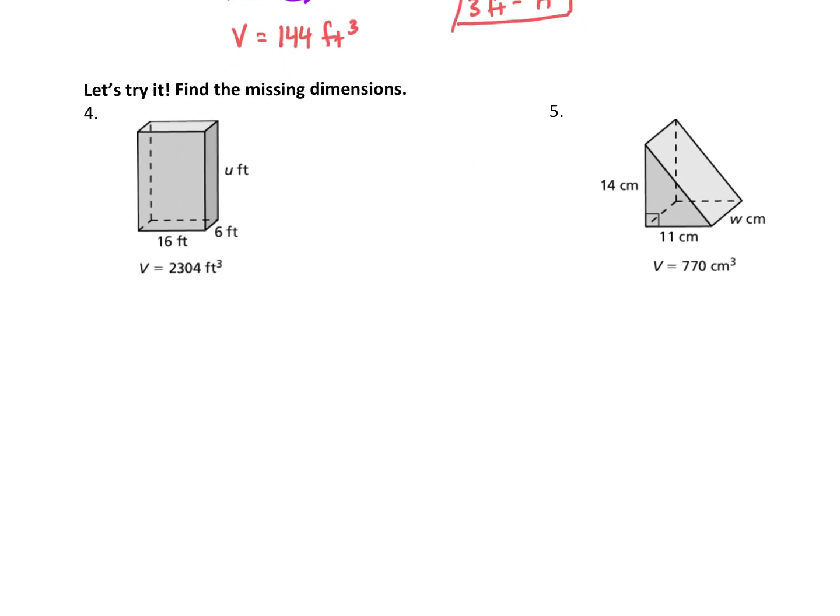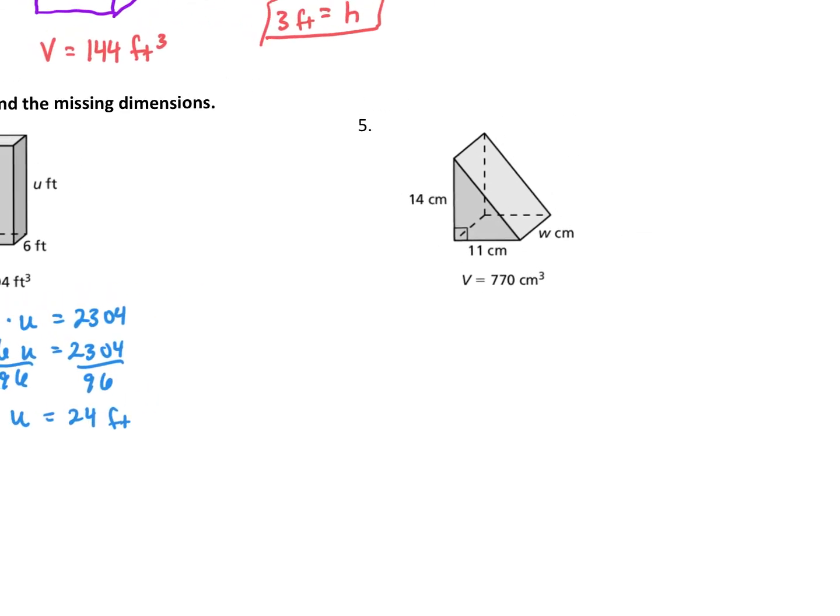So let's try it. Here we have the volume, so it's 16 times 6 times u, which gives us 2304. 16 times 6 is 96u, gives us 2304. Divide by 96, divide by 96. u is then 24 feet.